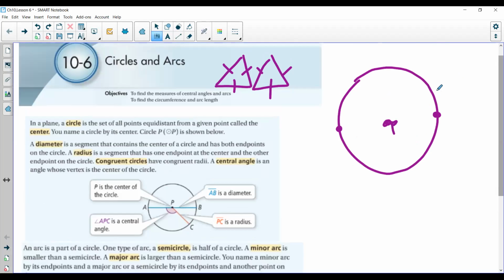The points of this curve are on the circle. Now, if this arc starts from this point, ending with this point, and cuts the circle into two equal halves, we call it a semicircle.